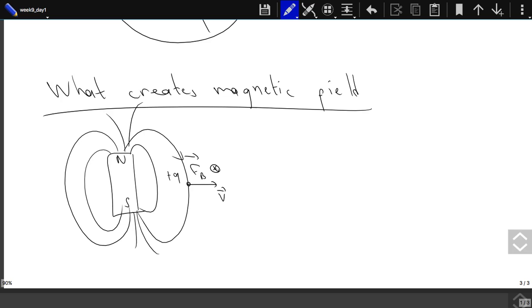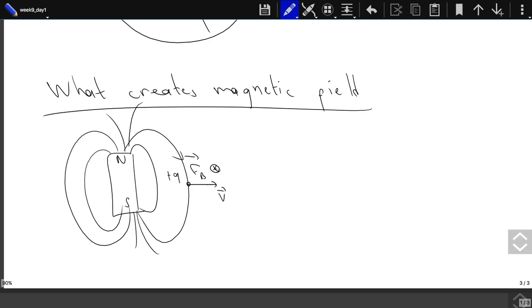Furthermore, if the velocity of this charged particle were zero, then there won't be any force acting on it, so there shouldn't be any force acting on the magnet. So again, if the velocity is zero, the charge shouldn't be creating any magnetic field. So this basically tells us that the magnetic field should be created somehow by moving charges.